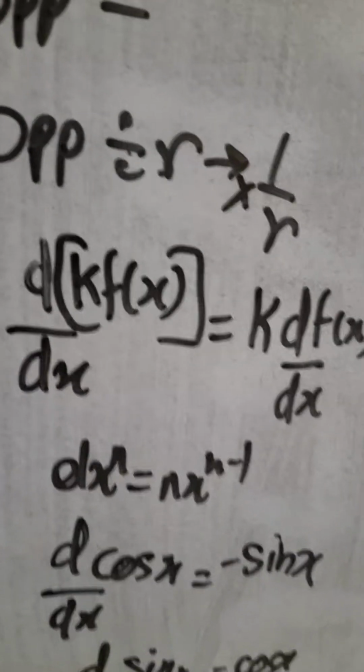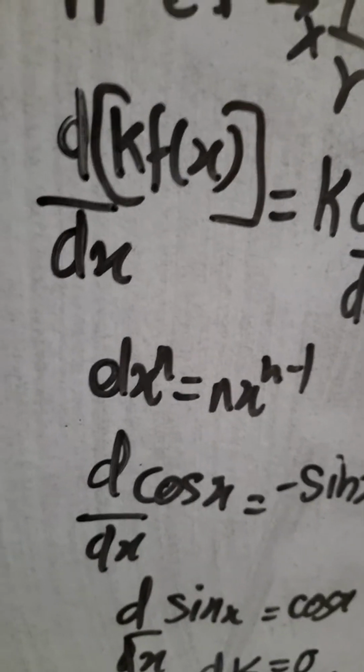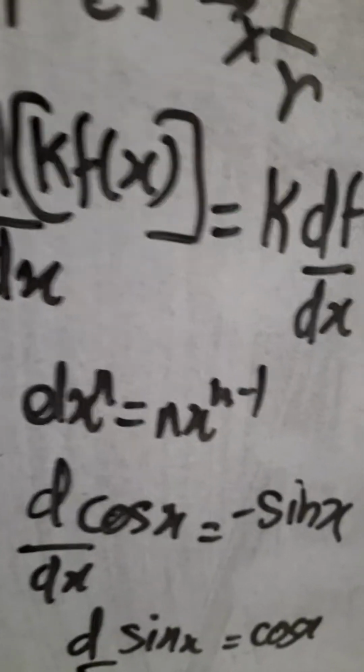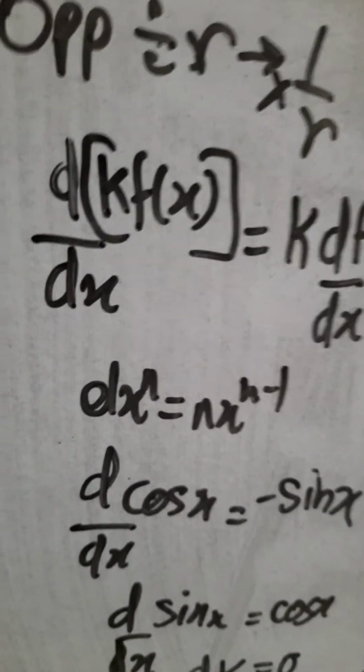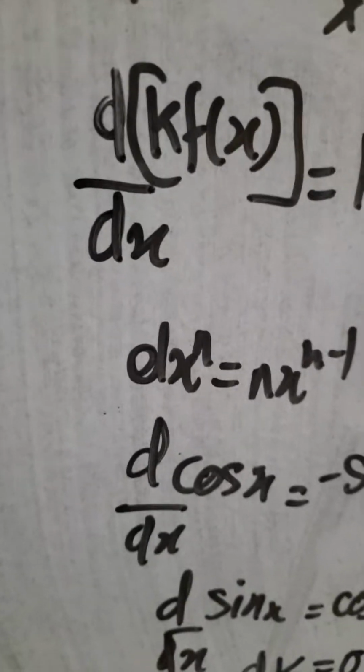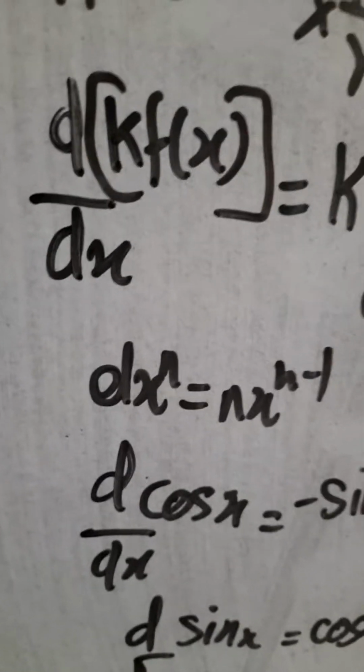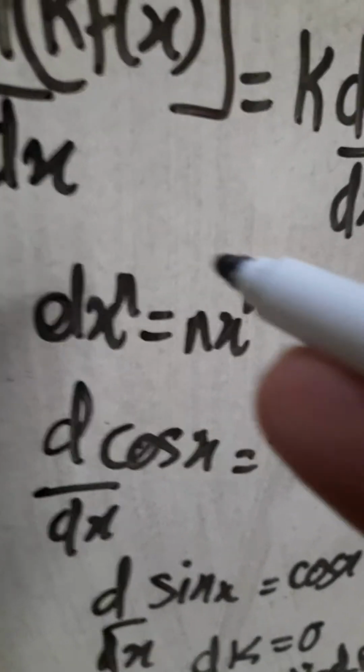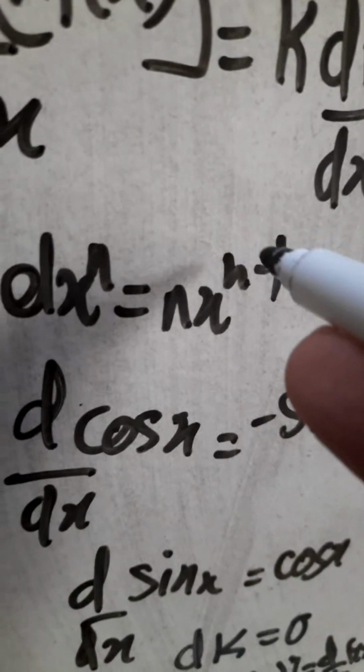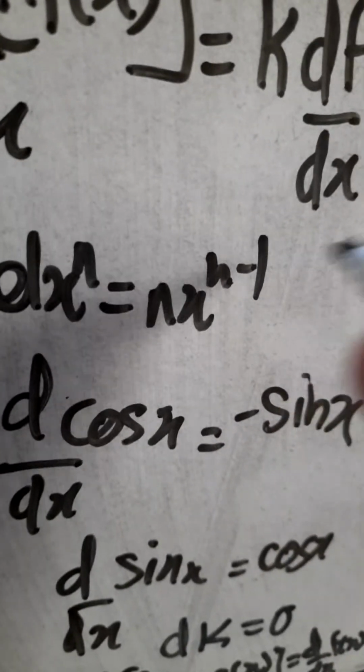Now when d by dx of x raised to n is equal to n x raised to n minus 1, we have to use this formula. By comparing, what is the power here? Here x is raised to 1, so this 1 we have to operate on. That n came from the power, it becomes the coefficient, and the power is reduced by 1. Now here we have to do the same with 1.